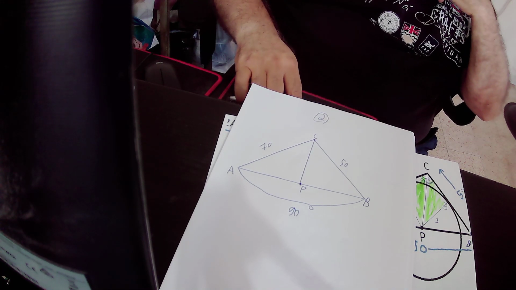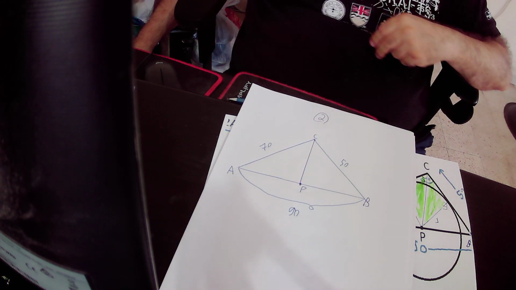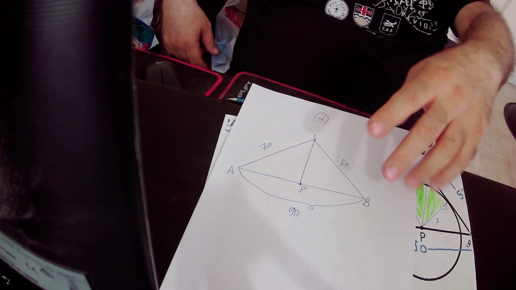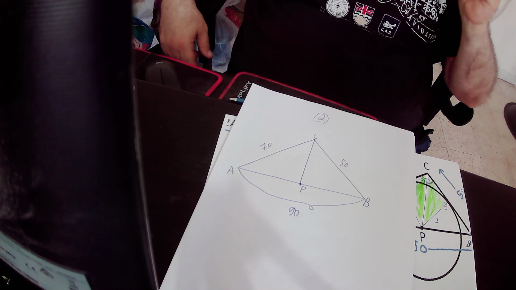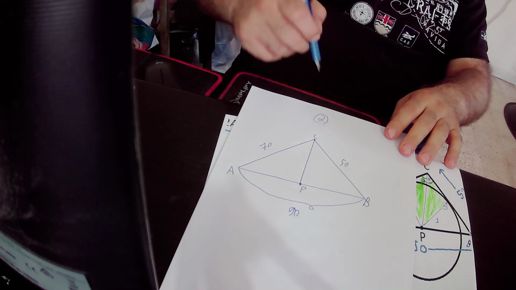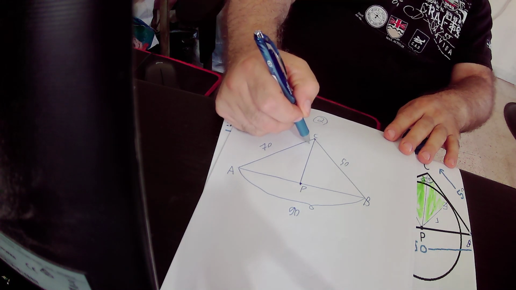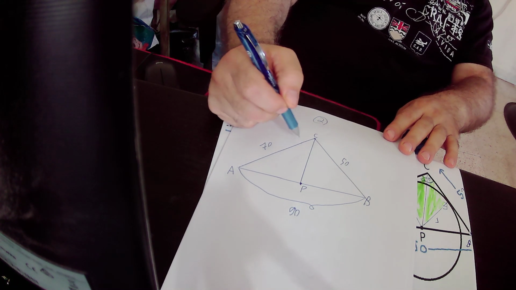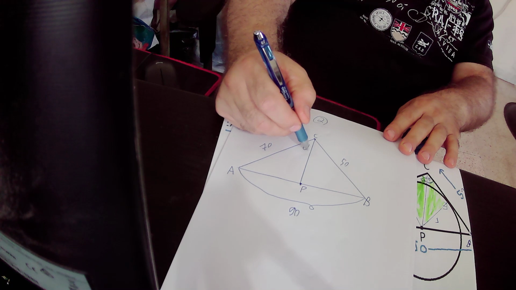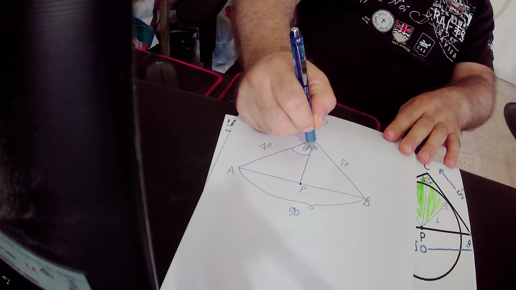So as you can see here, we have triangle ABC, and in triangle ABC we have a bisector angle, because PC is the bisector angle because it actually divides angle ACB into two equal parts, because this angle is theta and this angle also equals theta.